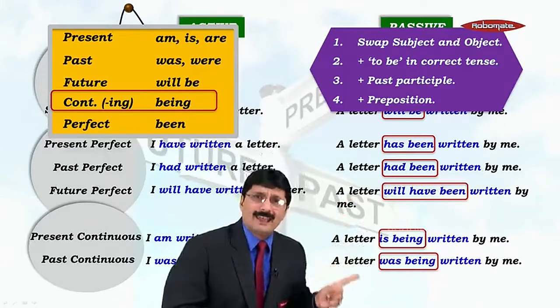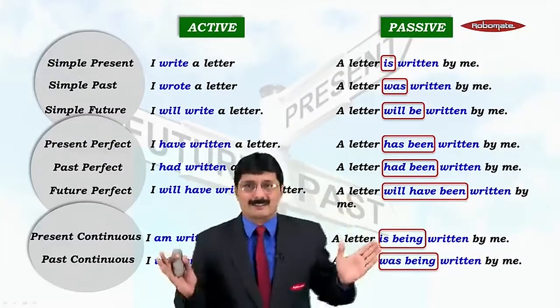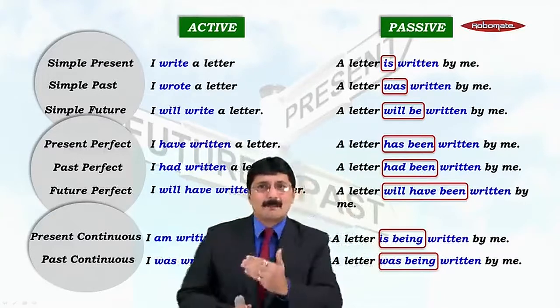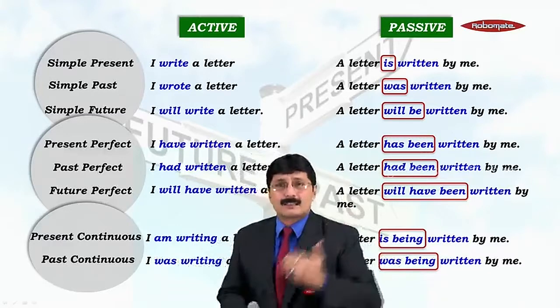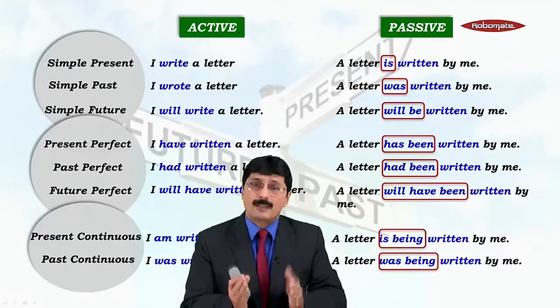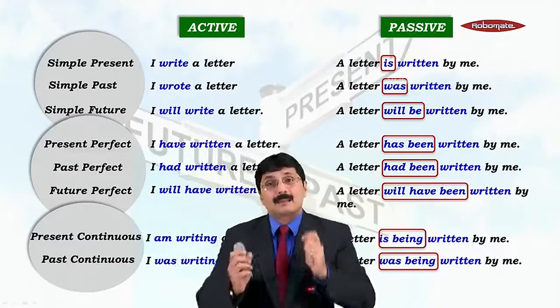And for all the 8 tenses, I have easily given you the solution. Here it is. Simple present, simple past, simple future, present perfect, past perfect, future perfect, present continuous, past continuous. How does the verb change from active to passive, keeping the tense constant?